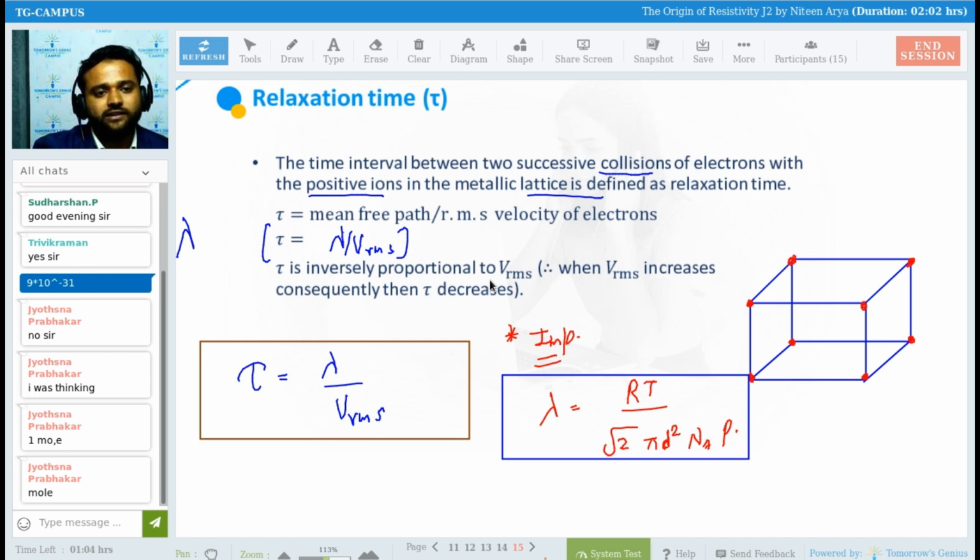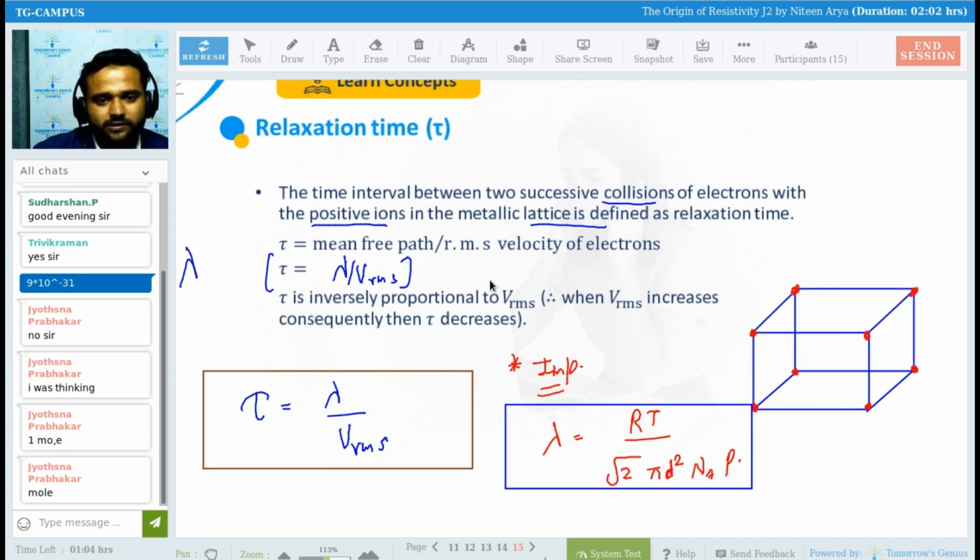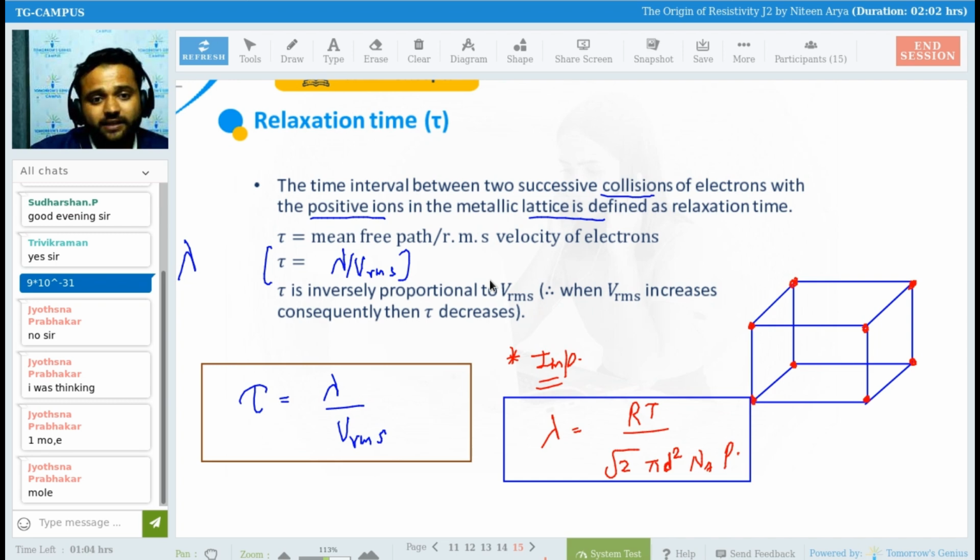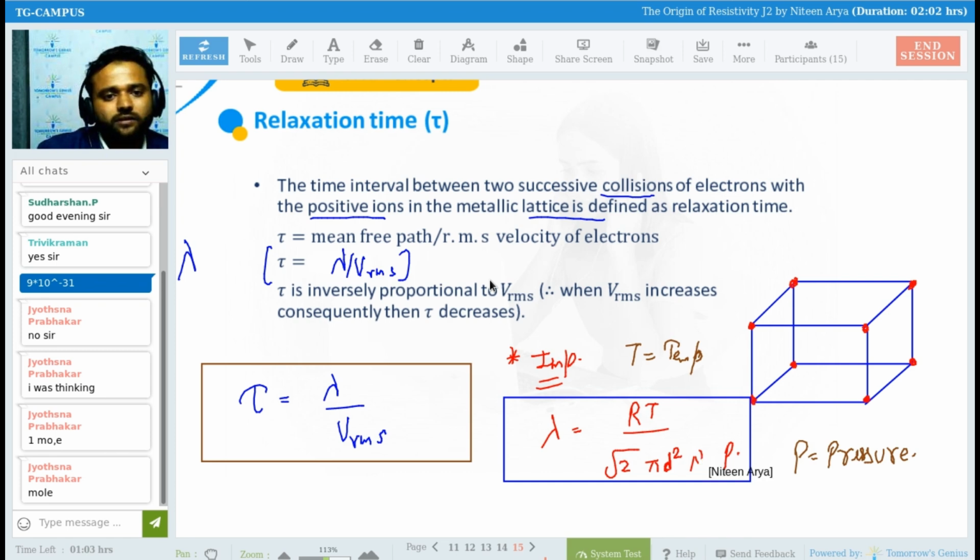So now you can find the relation. This is tau, relaxation time, and this is temperature. Two are different things. Temperature, P pressure, R is universal gas constant, and N A is Avogadro number. Is this clear, everyone?